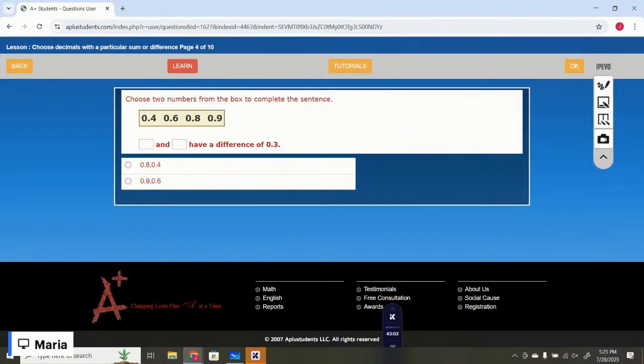Choose two numbers from the box to complete the sentence. So, which two numbers have the difference 0.3? Option number 2 is the correct option.